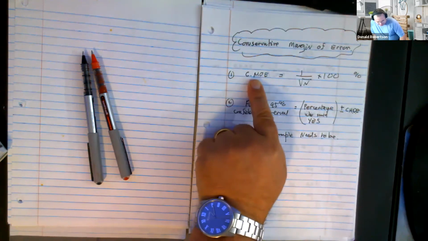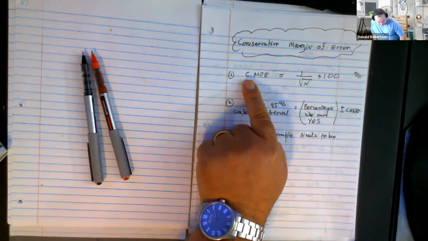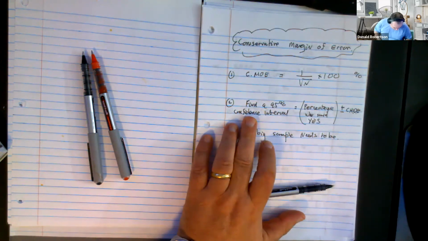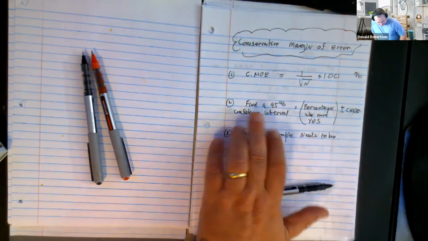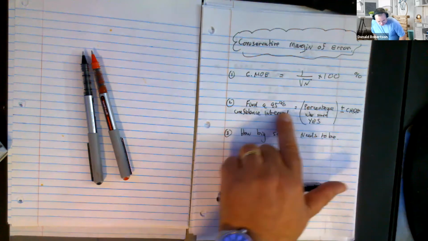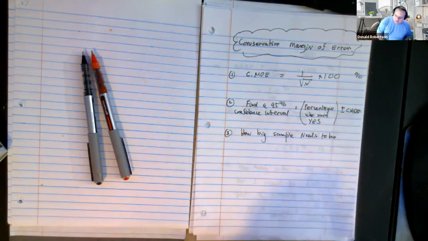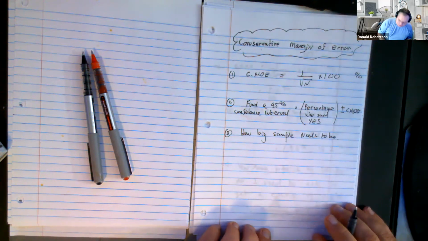We're going into the details, but here is how you find the conservative margin of error. It's this formula. You then have to move on to how you find what is called a 95% confidence interval, and this is the formula. And then you get a question that says how big does a sample need to be?